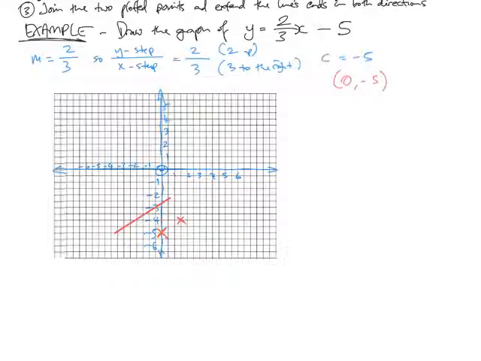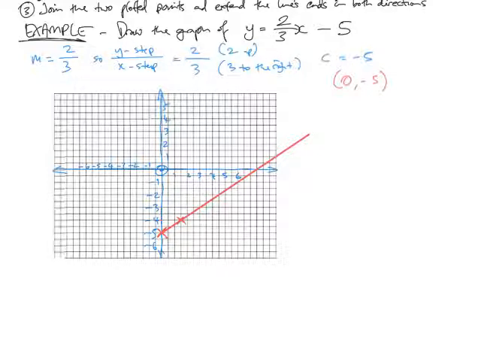So I'm just going to extend this further. Hopefully that's in line. Unfortunately, the way that this app works, the line is not placed where I want it to be placed. And that pretty much works out.